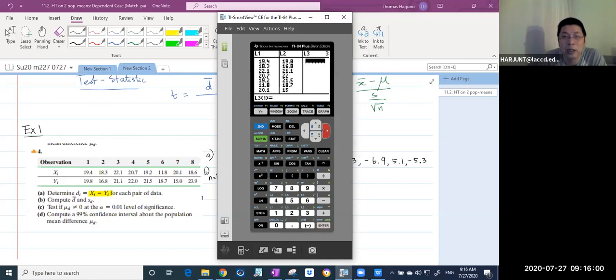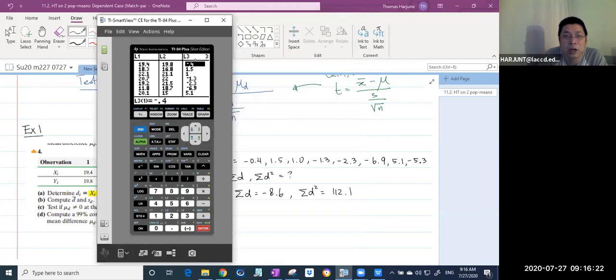Now, list 3, I will make it as the difference. When you move your cursor, you have your highlight here, move it up, boom. And then you will type list 1 minus list 2. So the number you see there is actually the number I have here.